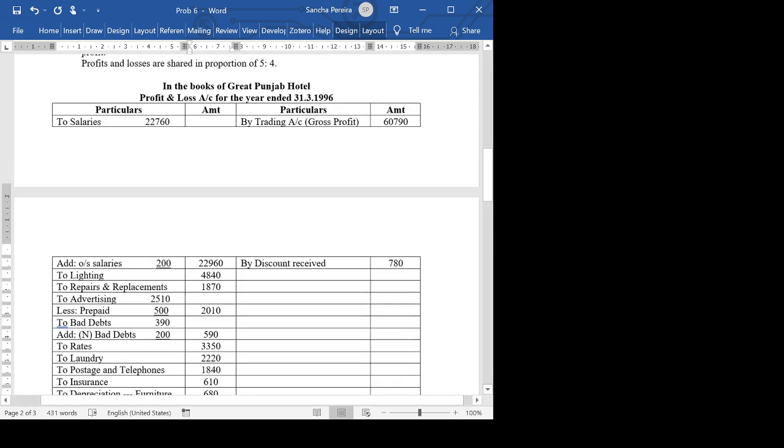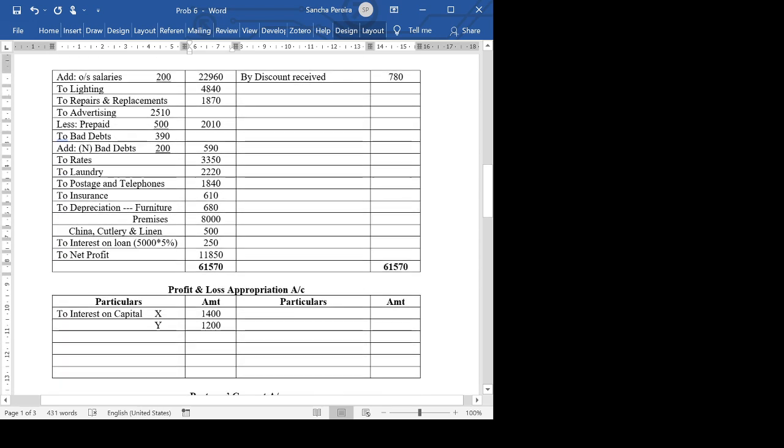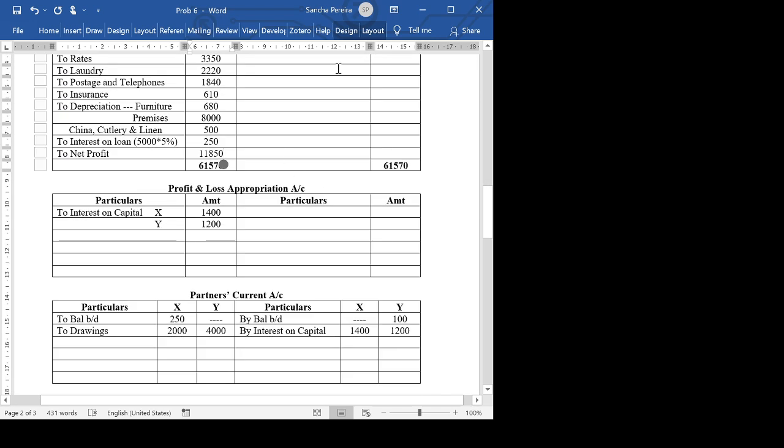Now I have gone for closing directly because for this adjustment we need to know the net profit. So we can carry down the net profit, because this net profit has to be brought down here.